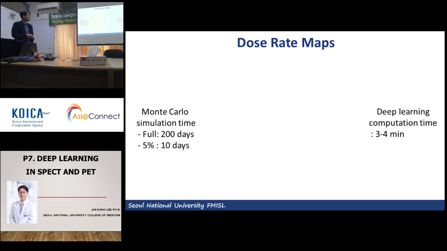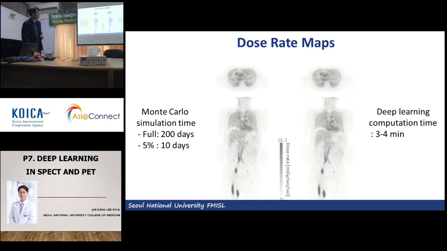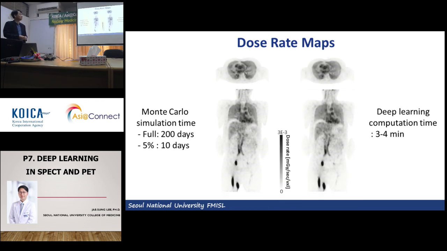Even so, it takes about 200 days if we give up some accuracy. But deep learning computation takes about 3 or 4 minutes, so we can dramatically reduce the computation. The result is quite promising, and they look quite similar.